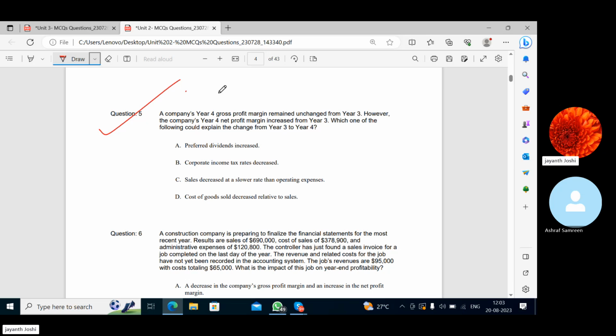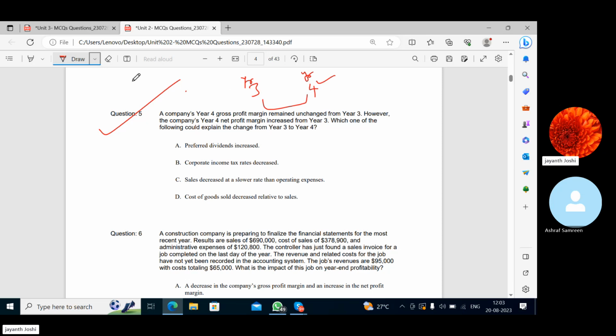The company's year 4 gross profit margin remains unchanged from year 3. That means these two have the same margins. The company's year 4 net profit margin increased from year 3.